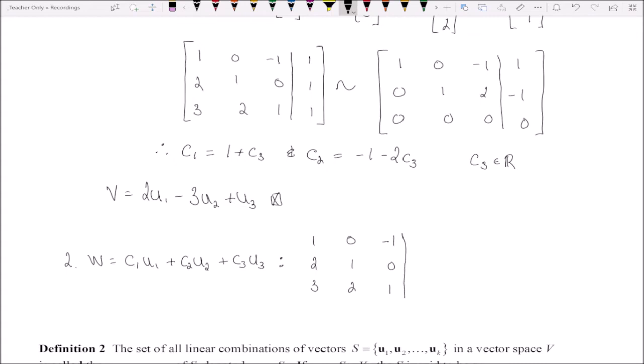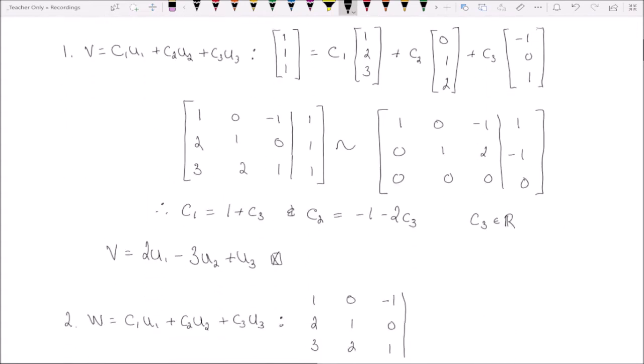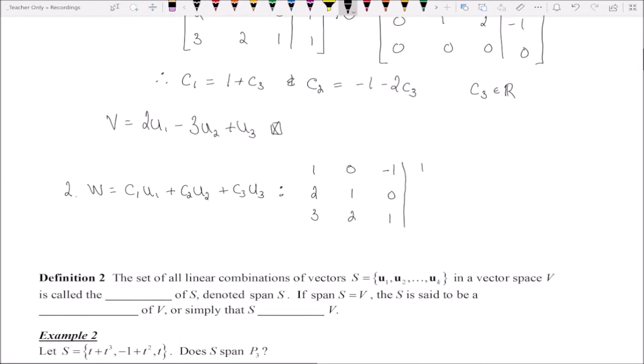Now we augment it with w, which is 1, -2, 2.